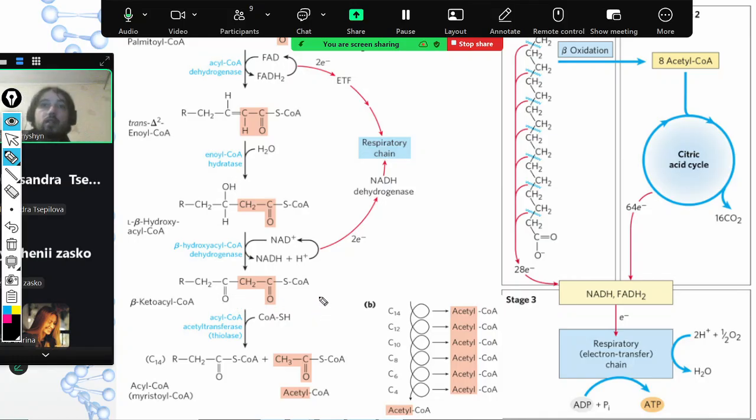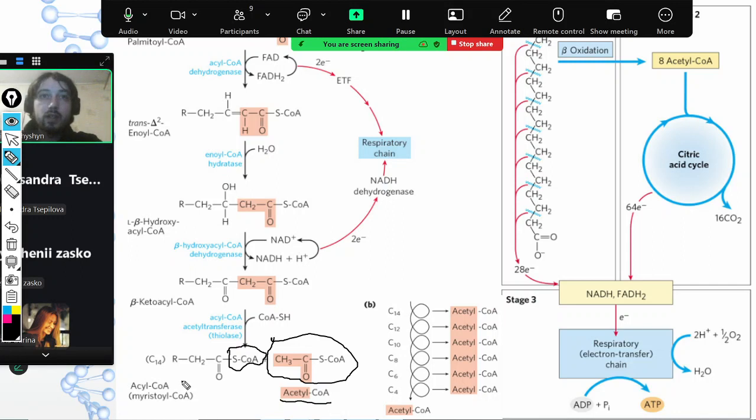Now the acyl-CoA acyltransferase, or thiolase, takes 1 CoA and attaches it here. So here is a new CoA, and this part is now acetyl-CoA. That's the thing I asked you not to mix up with the acyl-CoA.